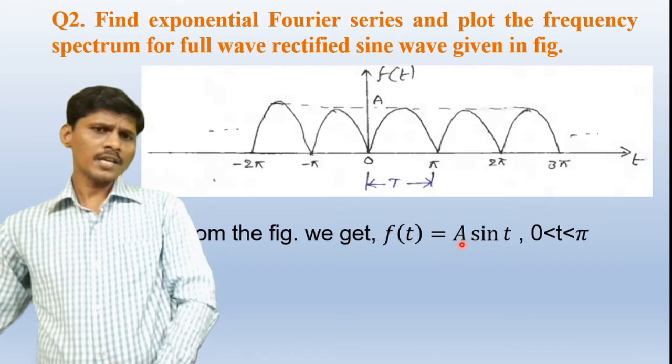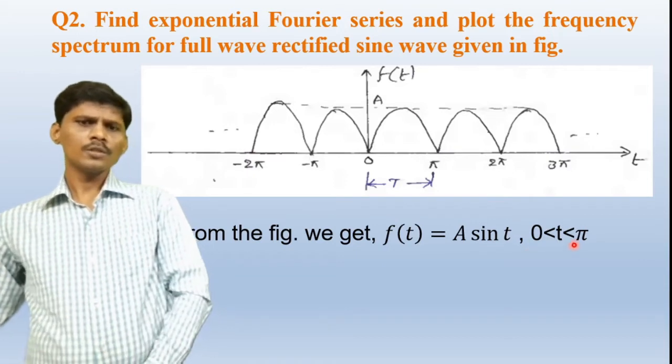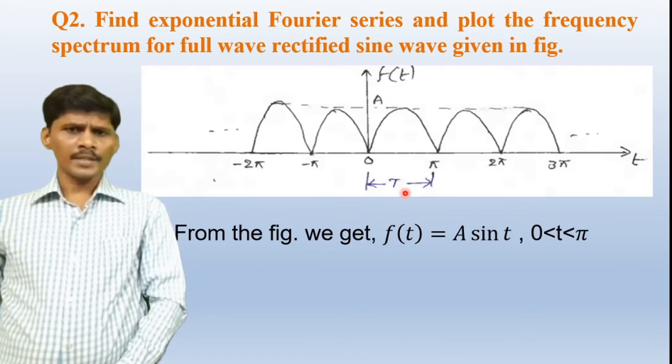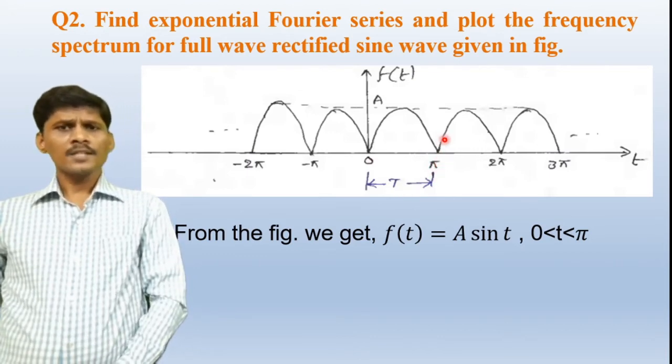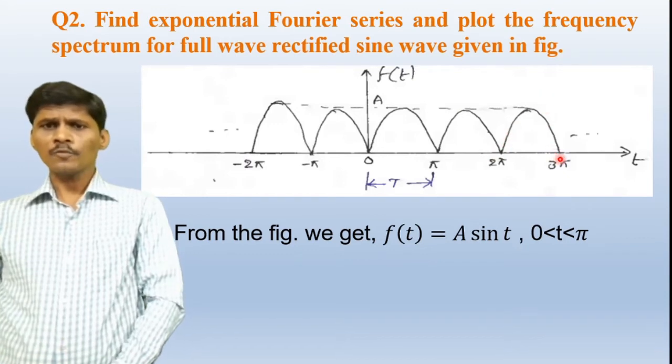Where capital A is the amplitude. Now here, what is the amplitude of the sine wave? Capital A, for t equal to 0 to pi. So t equal to 0 to pi is the time period, and every pi seconds the same waveform is repeated.